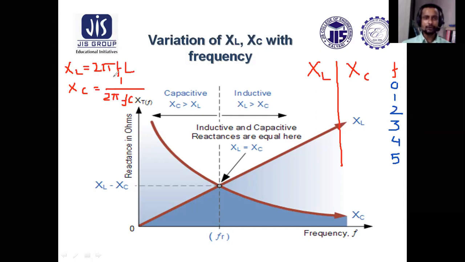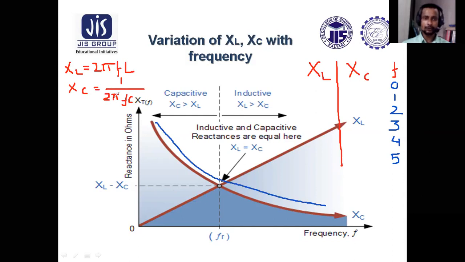Now, XL equals 2 pi FL. So from this equation, we can say XL varies with frequency linearly. So this is the variation of XL with frequency axis. Clear? XC equals 1 by 2 pi FC, so this should be the variation of XC with frequency.